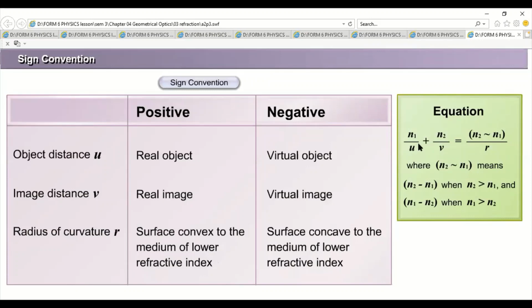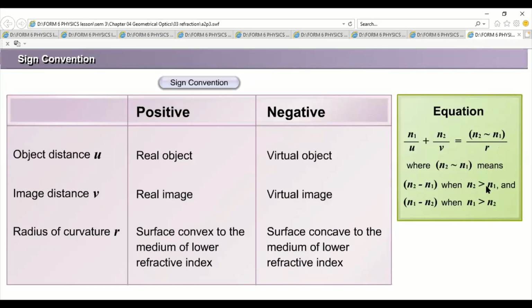As a result, we notice the equation N1 over u plus N2 over v equals N2 minus N1 over R, where this symbol means it can be N2 minus N1 or N1 minus N2. Consider which one is greater.